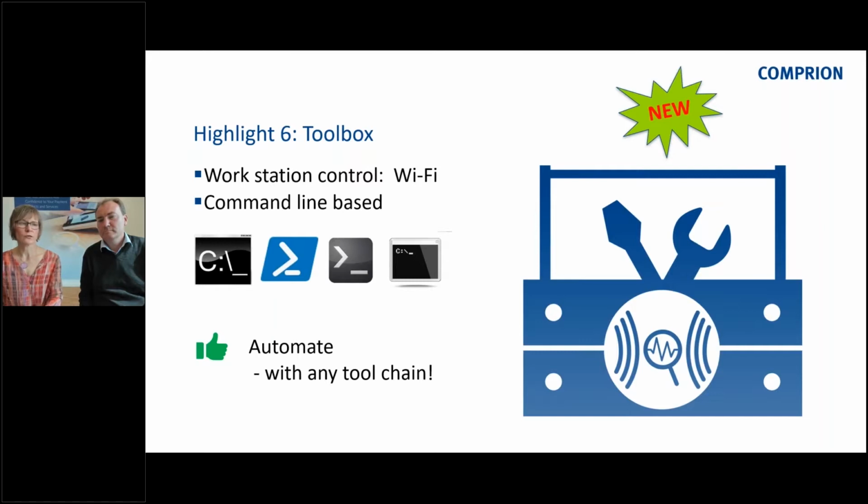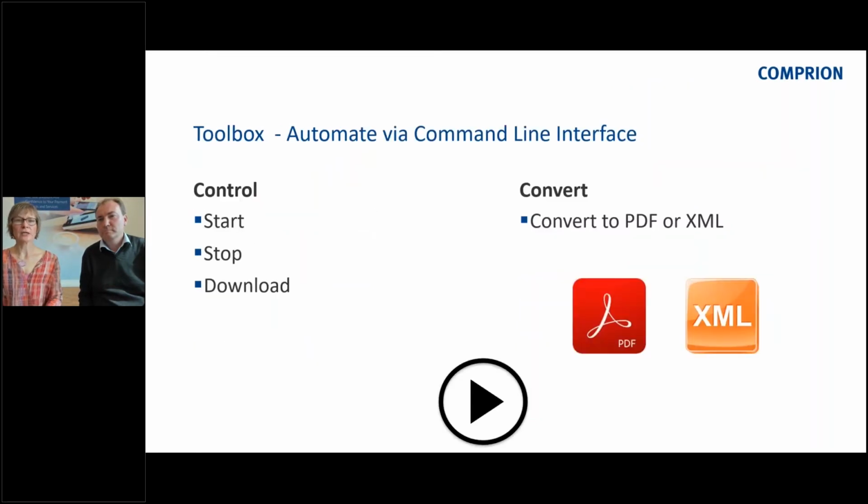And that way you can use it, for instance, with command prompt for Windows or PowerShell, or you can use it with terminal in Mac environments, or even Bash. Okay, and what you usually do using the command line interface, there are two big parts. The one part is control, and the second part is convert.